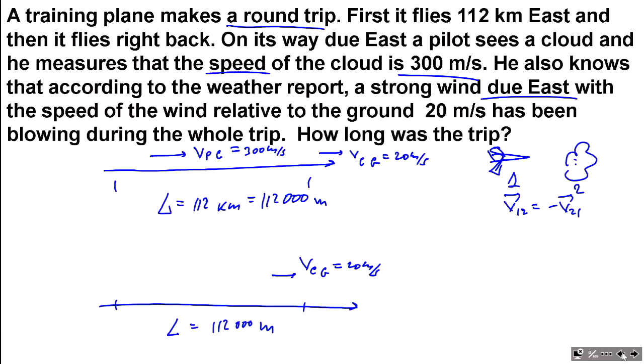But, of course, now the plane flies back west, so this will be now the velocity of the plane relative to the cloud. Still the same number. This number is fixed by the engines of the plane. So this is the only difference. But from the perspective of a person on the ground, the velocity of the plane relative to the ground will be different.